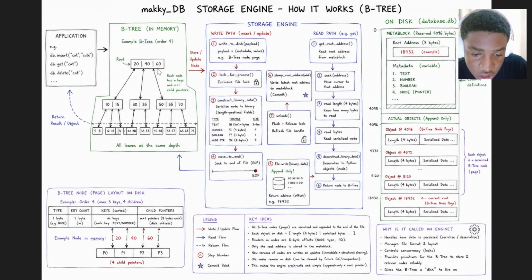What we do is copy the whole B-tree data, so that in case anything happens, for example, your machine shuts down or any error occurs, it will roll back to the previous data.